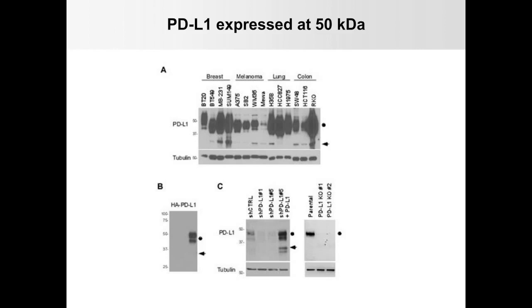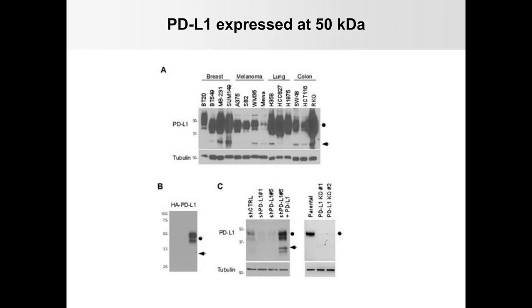So as a cancer biologist, what we first like to do is to test where PD-L1 is expressed in the cancer cell line. In panel A, we can see that across breast cancer, melanoma, lung cancer, and colon cancer cell lysate, we did a simple Western blot.